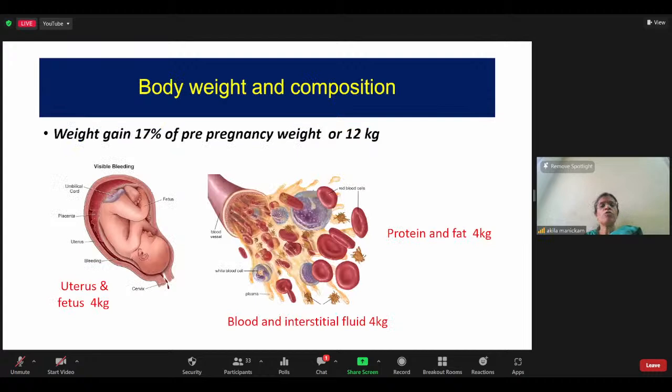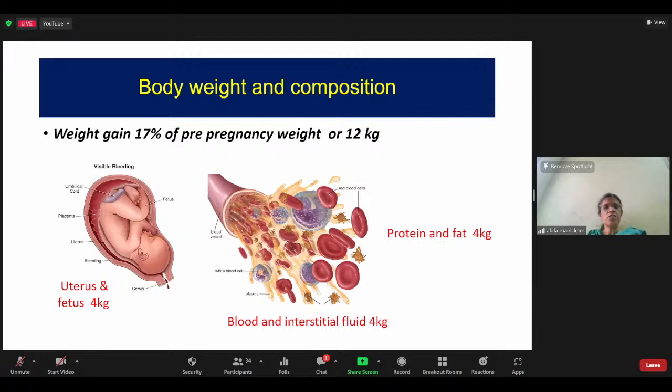First, looking at the changes which occur with the body weight and composition. The weight gain during pregnancy is supposed to be about 17% of your pre-pregnancy weight, or at least 10 to 12 kg is the average weight gain for any normal pregnant patient. Out of this, the uterus and the fetus contribute about 4 kg.